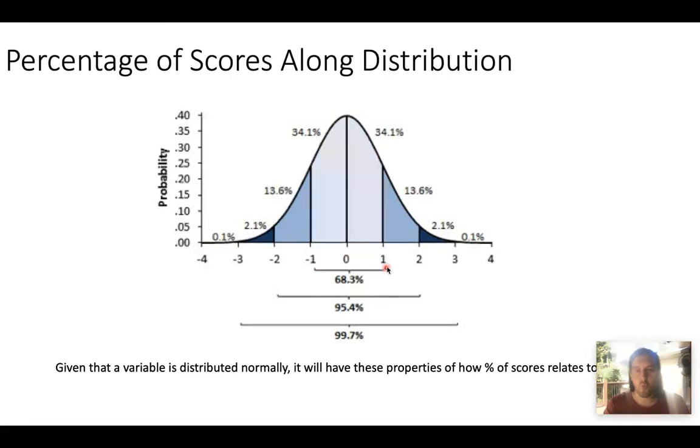So 1 standard deviation above the mean puts me right here. And now suddenly I can make this claim about what percentage of people are above me or below me, because these percentages that bracket our standard deviations are consistent across variables.